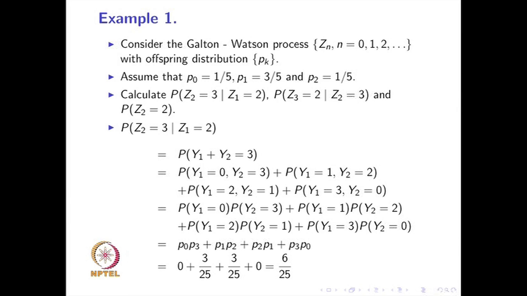Since yi's are IID random variables, you can write this as the probability of y1 equal to 0 times the probability of y2 equal to 3 and so on.